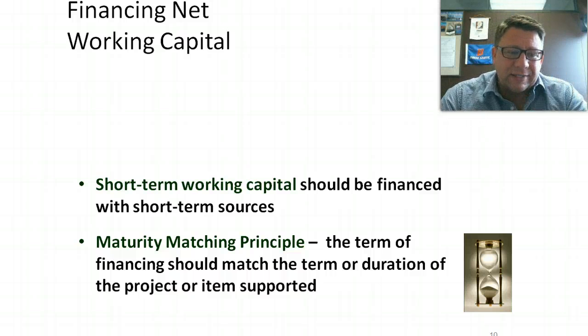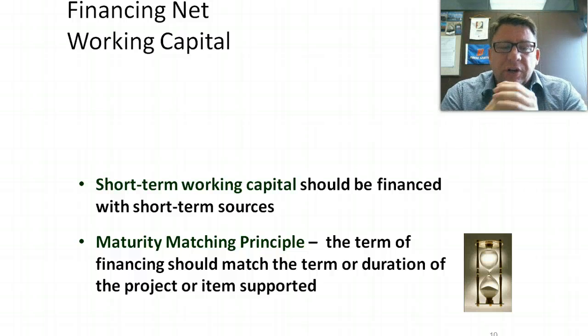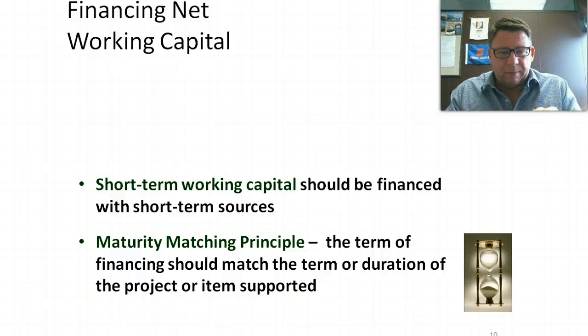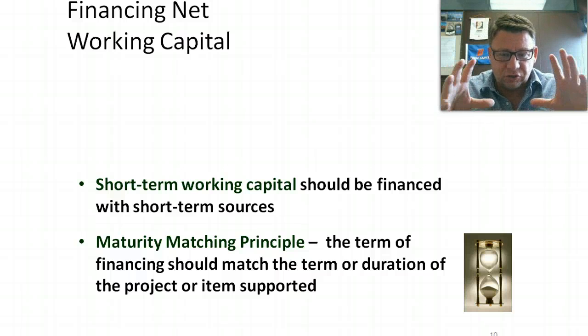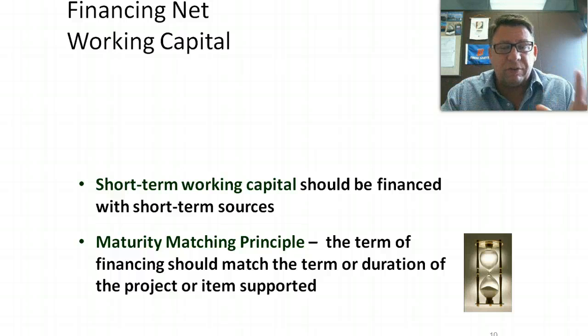This is an important concept. Short-term working capital should be financed with short-term sources. We call this the maturity matching principle, and the idea is that the term of the financing should match the duration of the project or the item that is supported.